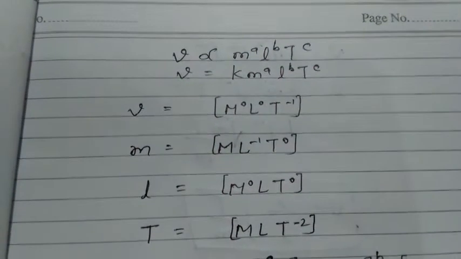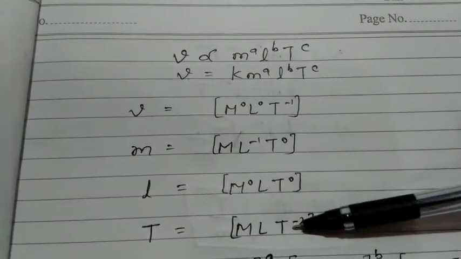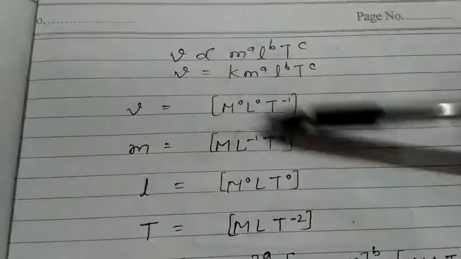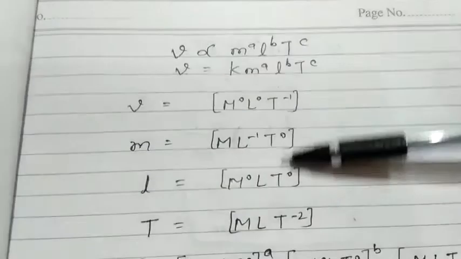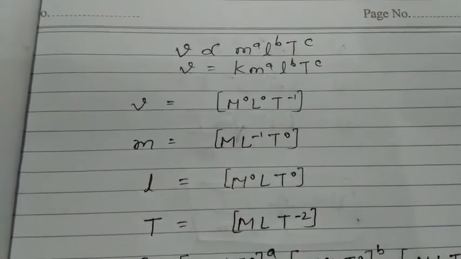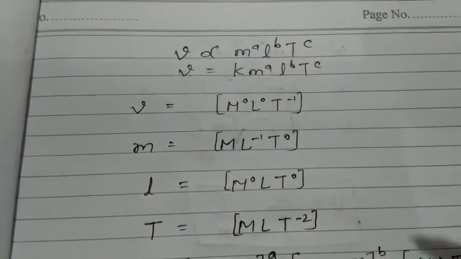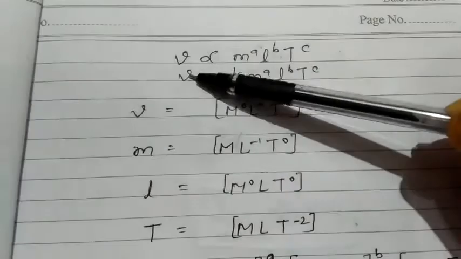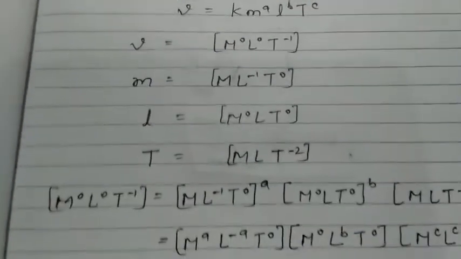Now in the next step, we will put all these dimensional formulas in this equation. When we are solving the equation, we will neglect K, because K is a dimensionless constant. So we neglect that, and by putting the values of nu, M, L and T, we get this equation.